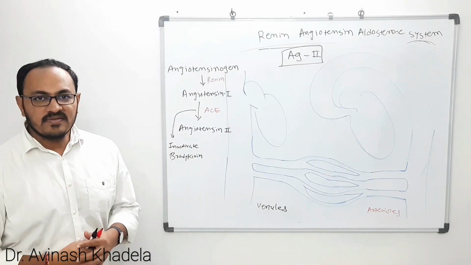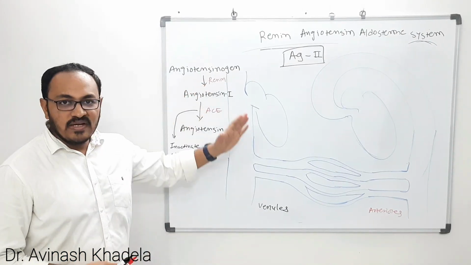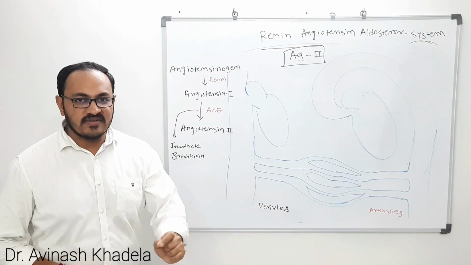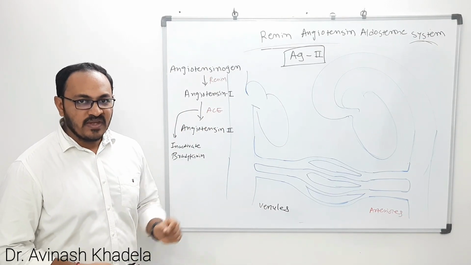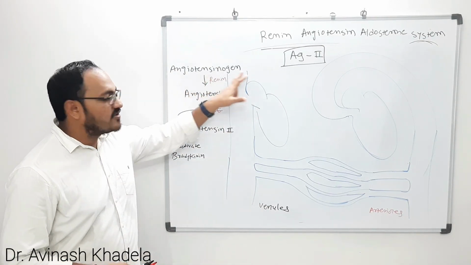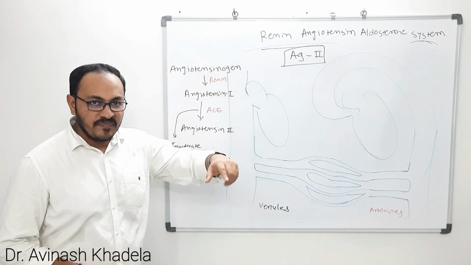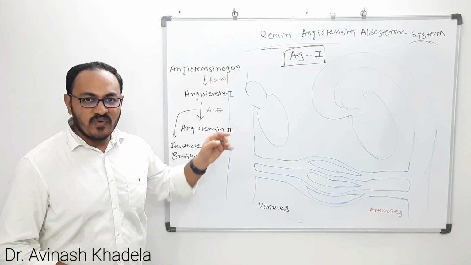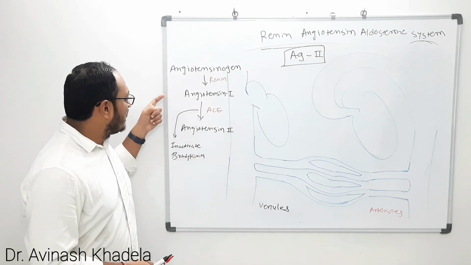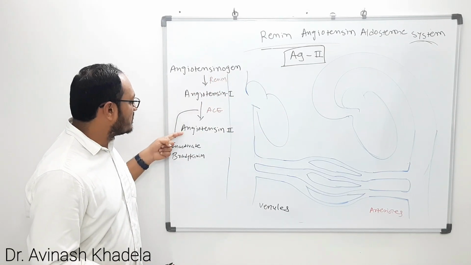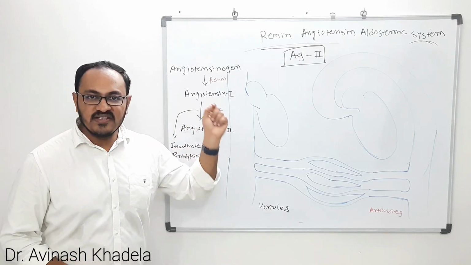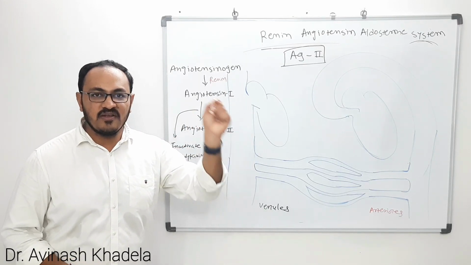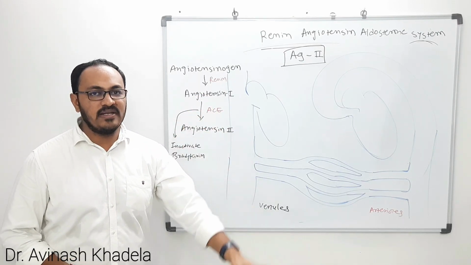As we had discussed, the renin, which is released from the juxtaglomerular apparatus, goes to the blood circulation where it finds angiotensinogen, which is secreted from the liver, and converts angiotensinogen to angiotensin 1. This angiotensin 1, when it passes through the lungs, will be converted to angiotensin 2 in the presence of angiotensin converting enzyme, which is present in the pulmonary capillaries endothelium.